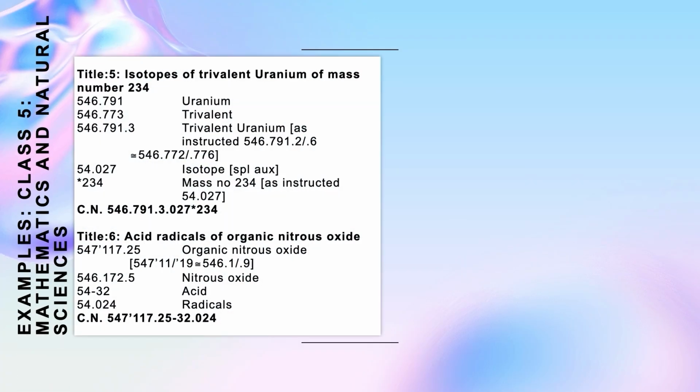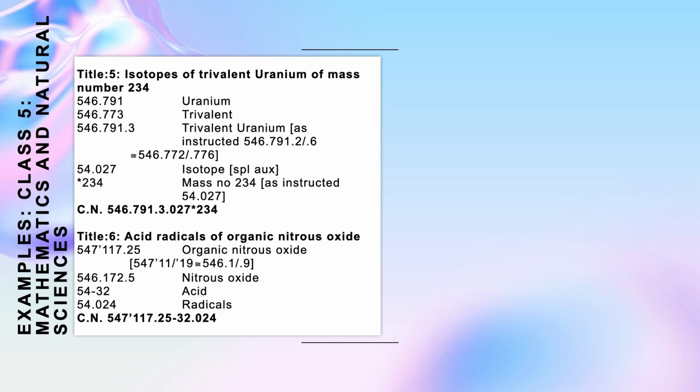Then title 5: isotope of trivalent uranium of mass number 234. For uranium, the class number is 546.791. For trivalent, there is an instruction that 546.791.2/.6 is subdivided as 546.772 to 546.776, so 546.791.3 will be the trivalent uranium.